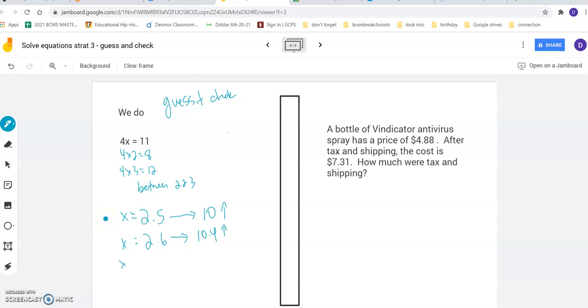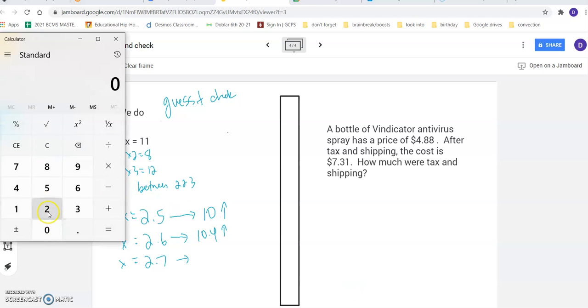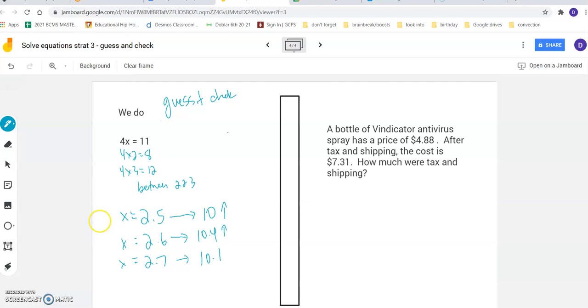So I need to go up. 2 7/10. Too low still. 2 8/10.